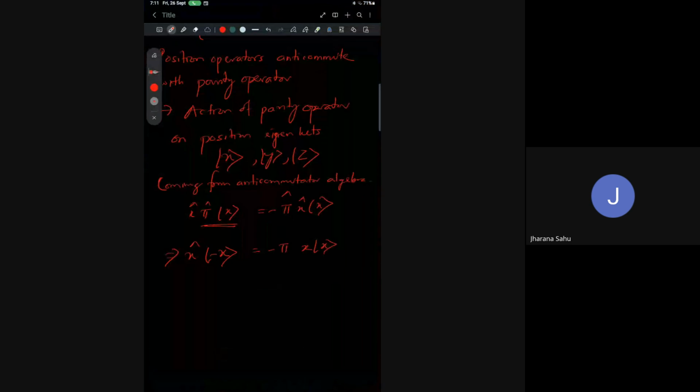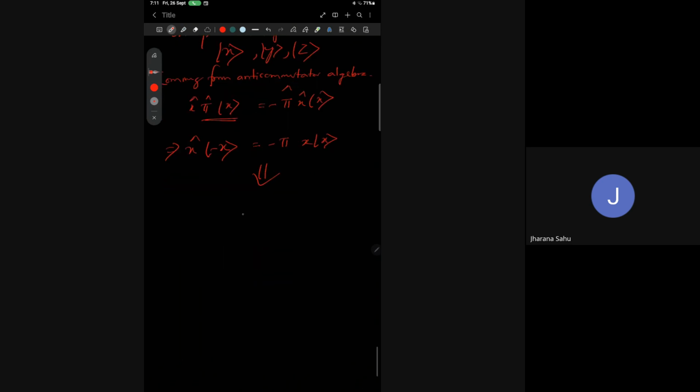Okay. So if we write it like this, from this calculation we can directly write that pi operating on the ket x is basically the ket minus x. If I double operate, pi operating on pi x will be equal to pi operating on minus x, which will be equal to x.